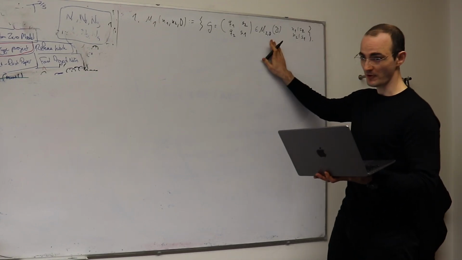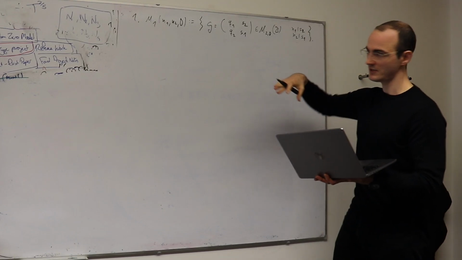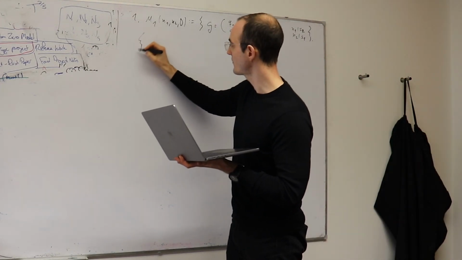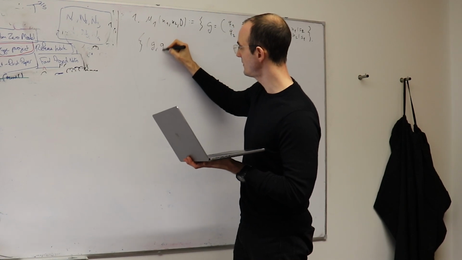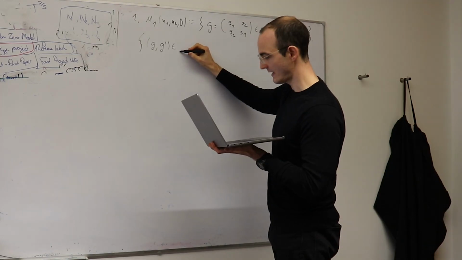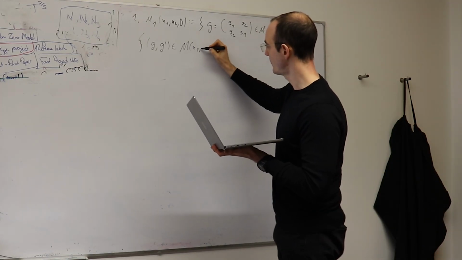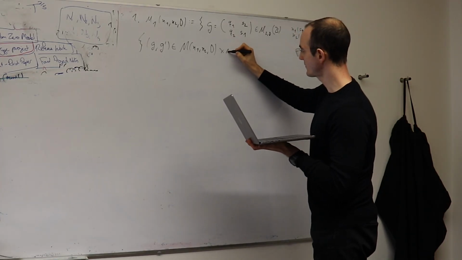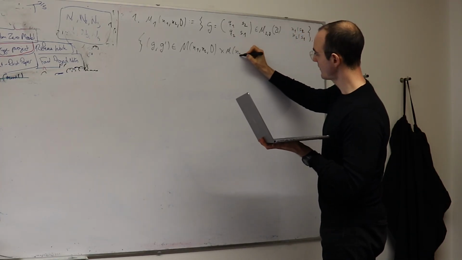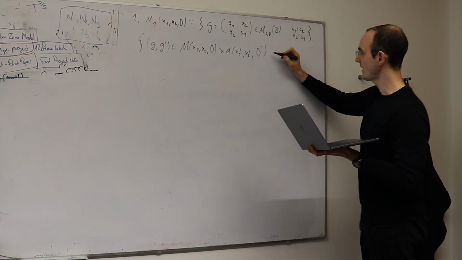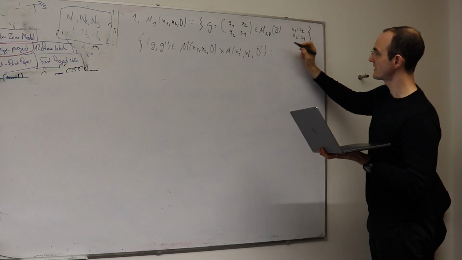So this is before the Cauchy-Schwarz. Now you do an additional Cauchy-Schwarz. The set you're really interested in is pairs G, G prime, where one of them is in n1, n2, d, and the second is in n1 prime, n2 prime, d prime, where the left columns are the same.